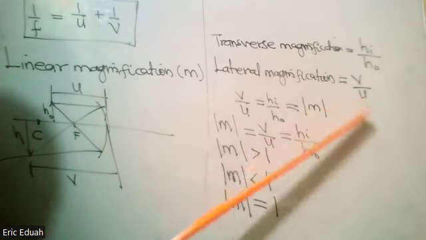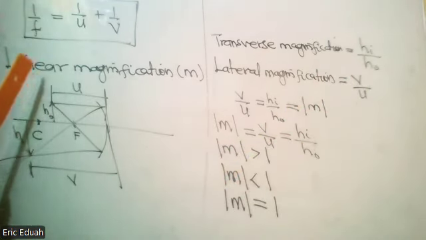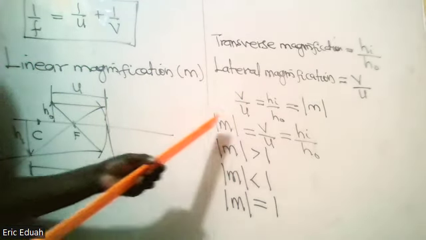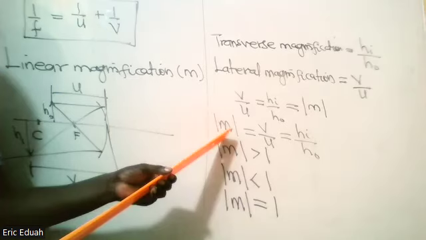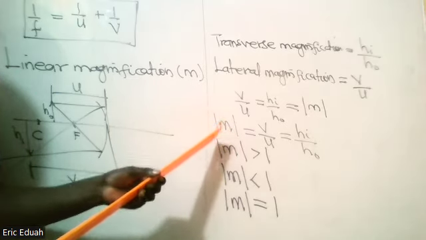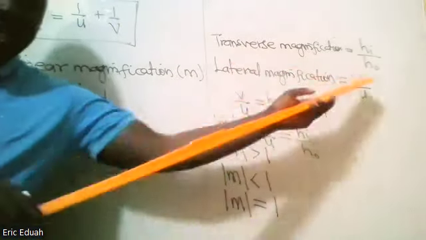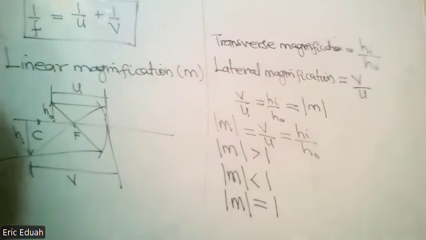So equating this to this gives us what we are calling linear magnification, denoted by small letter m. So linear magnification can be equated to either transverse magnification or lateral magnification. That is all that is being said here. Please, any more questions?